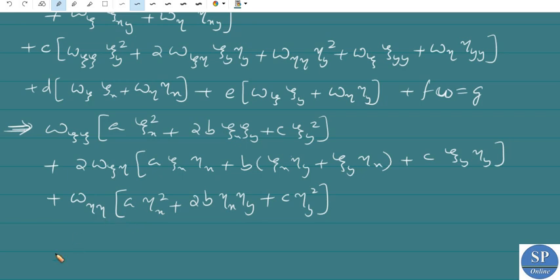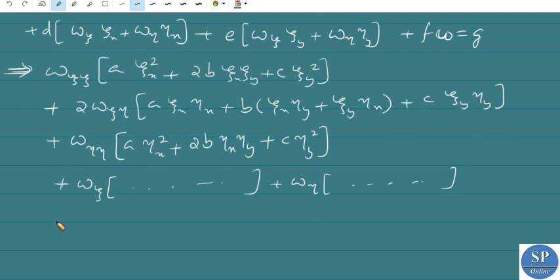Plus w zeta into some coefficient plus w eta into some coefficient, plus f into w of zeta eta, which is equal to some g. So this is the equation now.